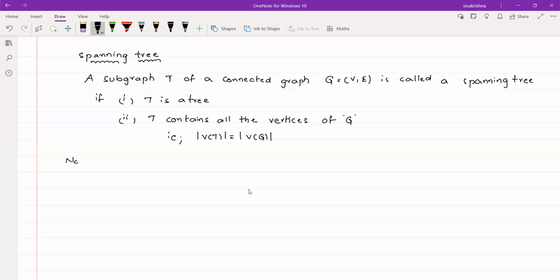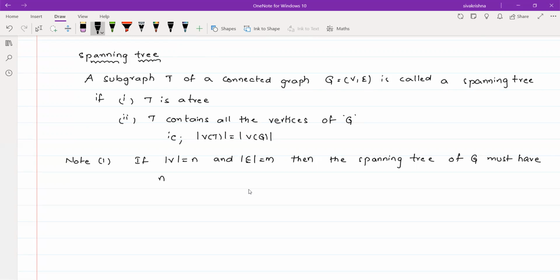Coming to note 1. If order of V, meaning the number of vertices, is n, and order of E, meaning the number of edges, is m, then the spanning tree of G must have n vertices and n minus 1 edges.